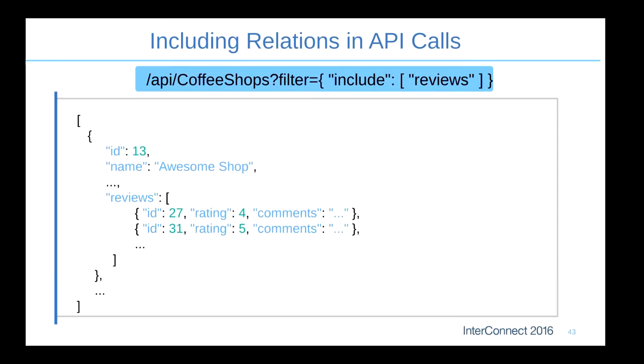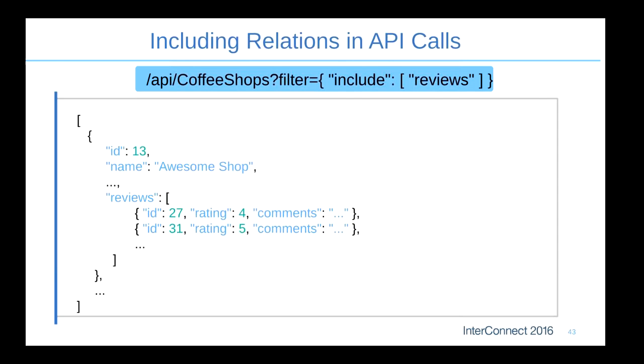And the same thing is true for the REST API. There are several ways to call a relation in the REST API. This way allows you to include the embedded relation within the outer query. This example is querying coffee shops with this filter up here at the top.